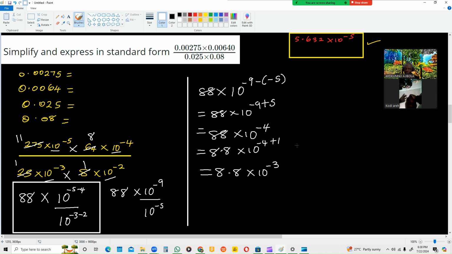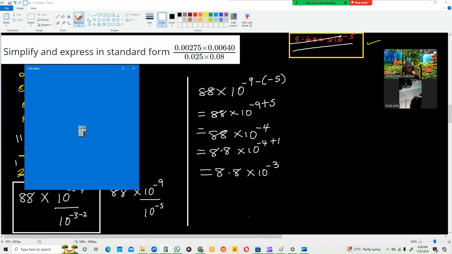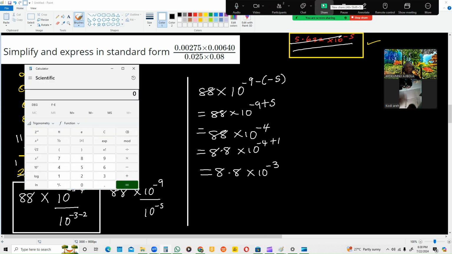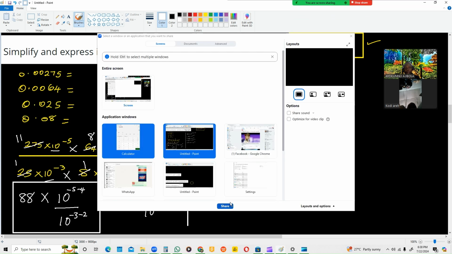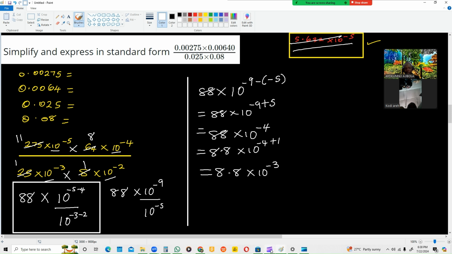Though this happens to be your answer, let me share a calculator and we're going to confirm this, okay? If we confirm it in the calculator, that means whether we use a calculating device or we use the knowledge of indices, it's going to give us the same thing.